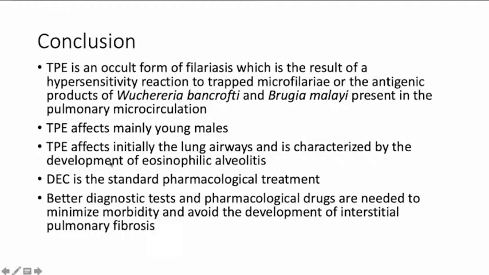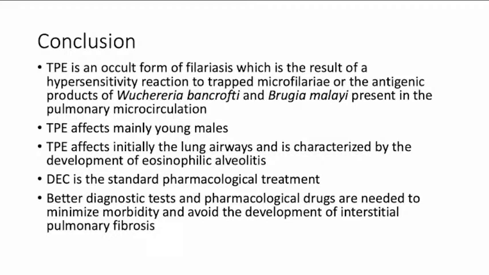And just to conclude, TPE is an occult form of filariasis, which is the result of a hypersensitivity reaction to trapped microfilaria or the antigenic products of Wuchereria bancrofti and Brugia present in the pulmonary microcirculation. It affects mainly young males. It affects initially the lung airways and is characterized by development of eosinophilic alveolitis.